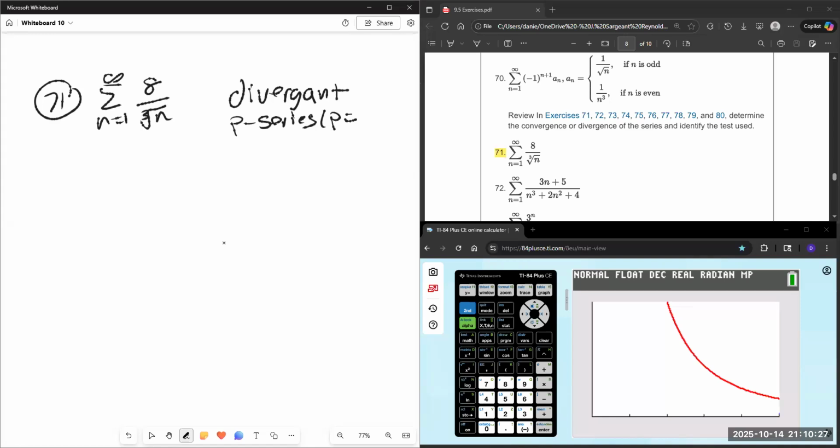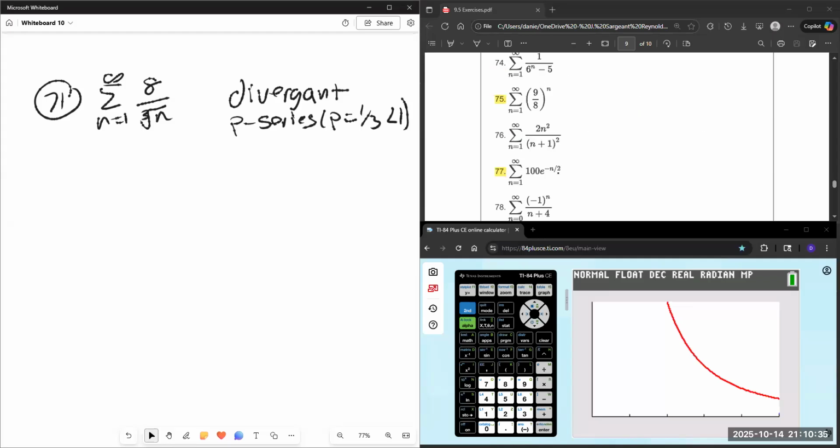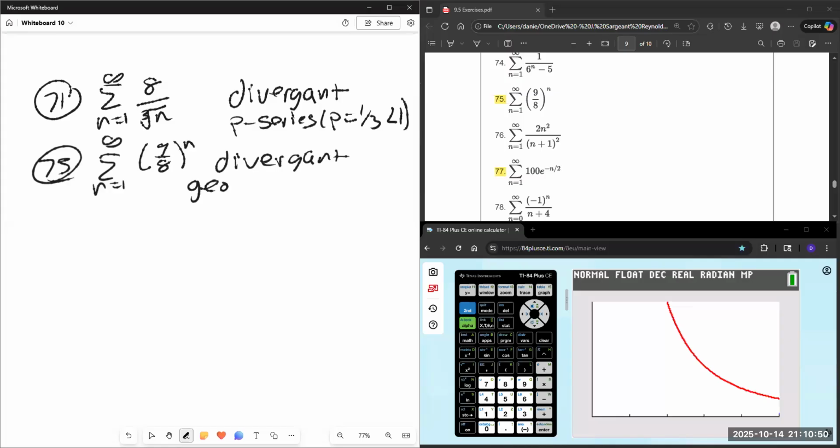Our p is equal to 1/3, which is less than 1. Really no work to show there other than that. 75 says the summation from n equals 1 to infinity of (9/8)^n is a divergent geometric series. r equals 9/8, which is greater than 1.